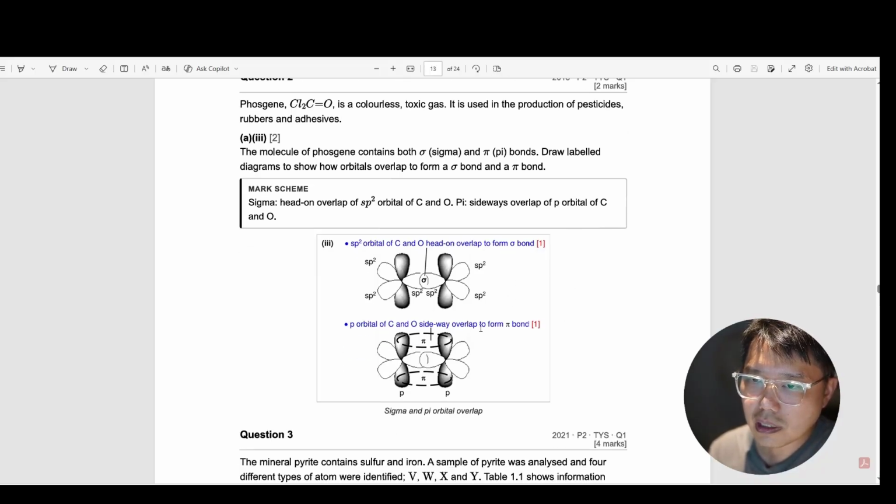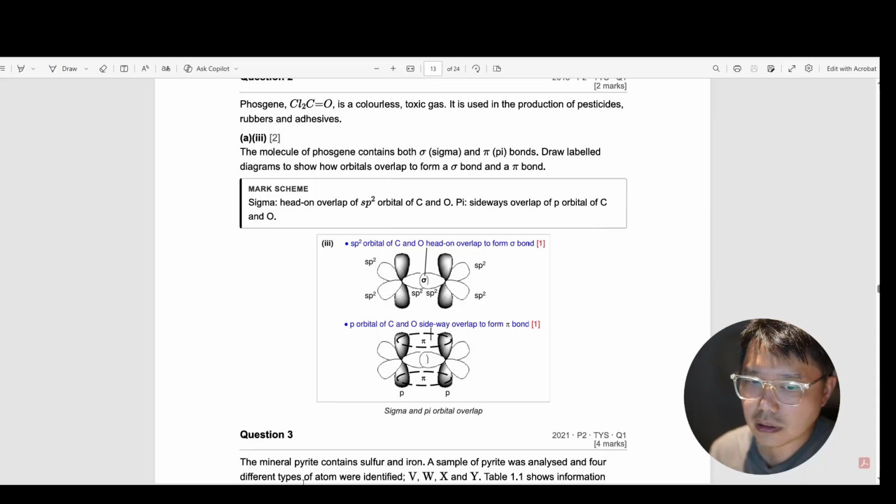So this is literally what I had shown you just now. In this case, instead of C double bond to C, it is double bond to O. The concept is the same though. You have an sp2 of carbon overlapping with the sp2 of oxygen, and then the p orbitals of C and O forming the pi bond.